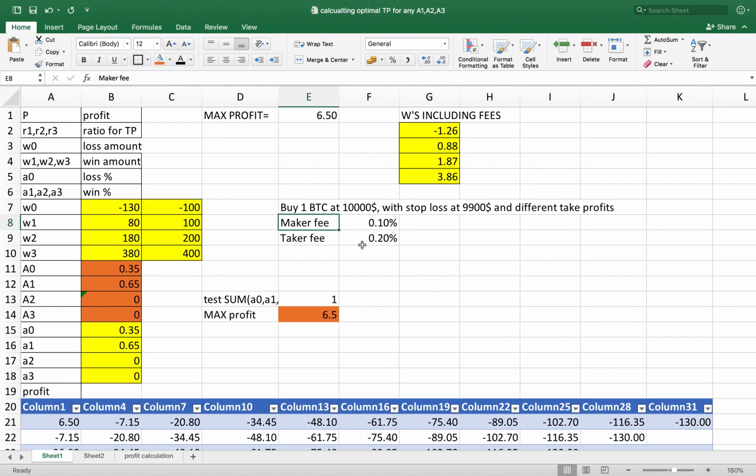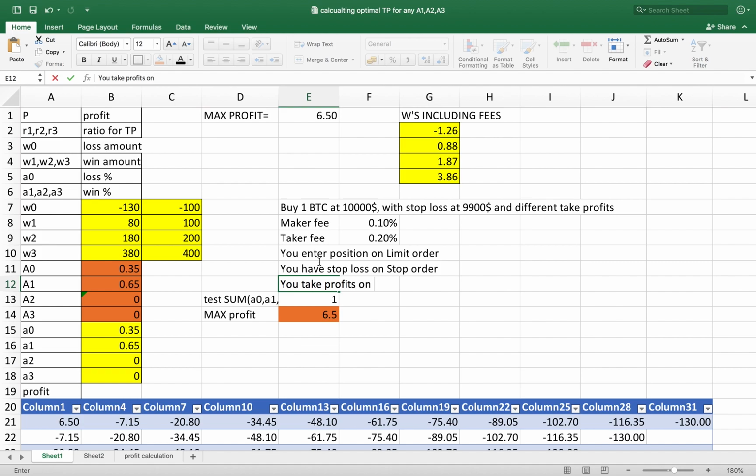And then you had a stop loss with a stop order. So maybe let's write this. You enter the position on a limit order, you have a stop loss on a stop order, and you take profits on a limit order.